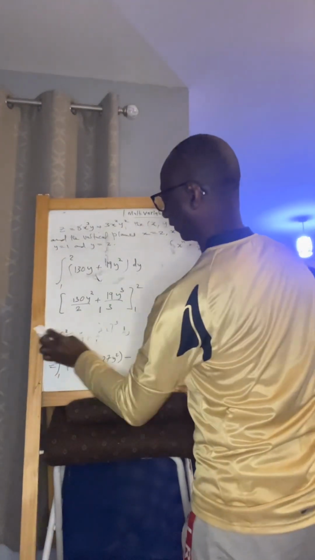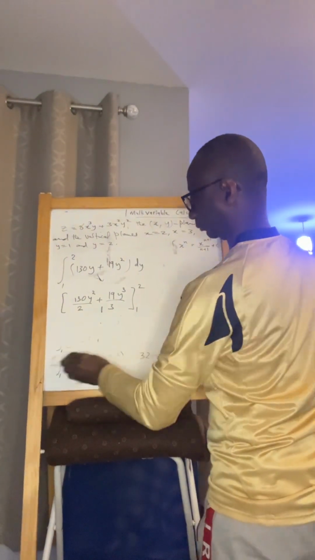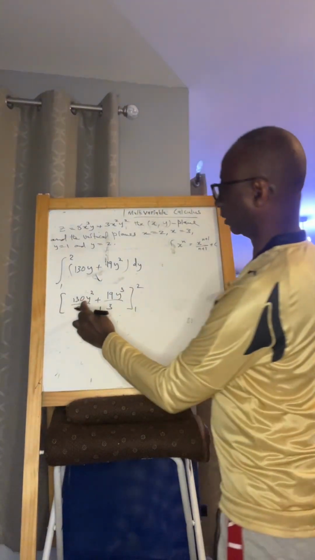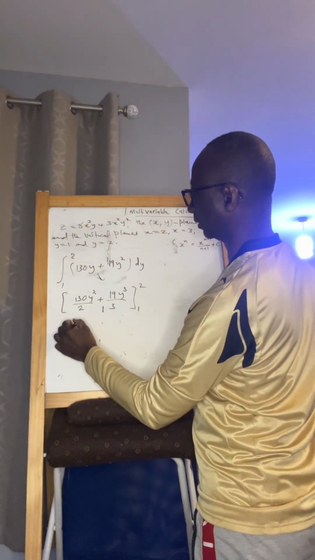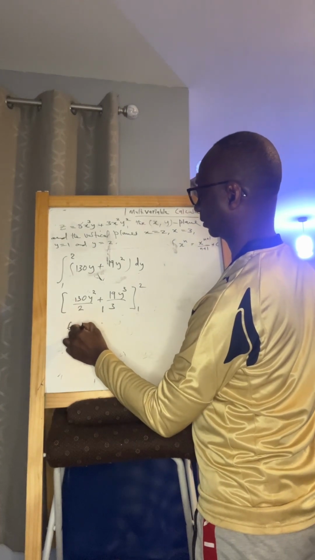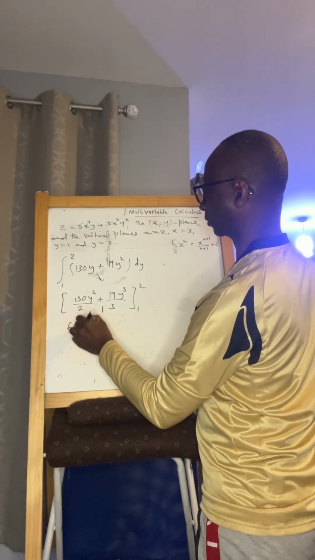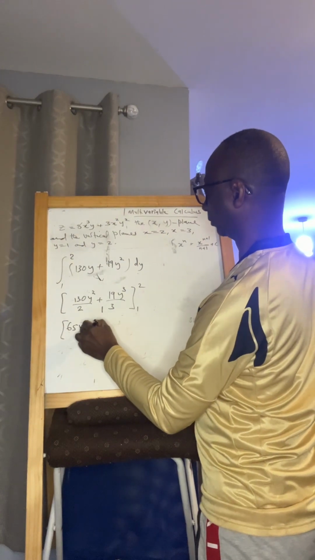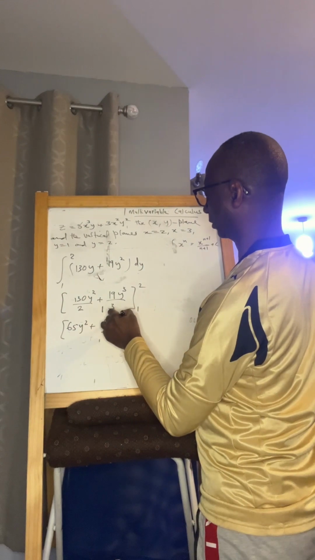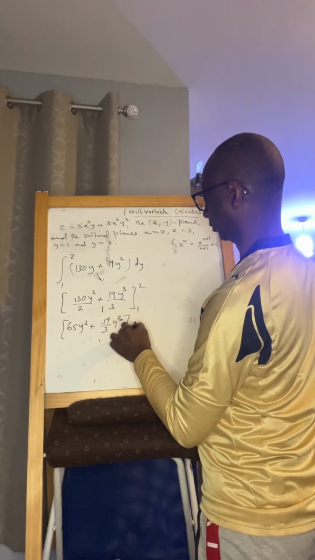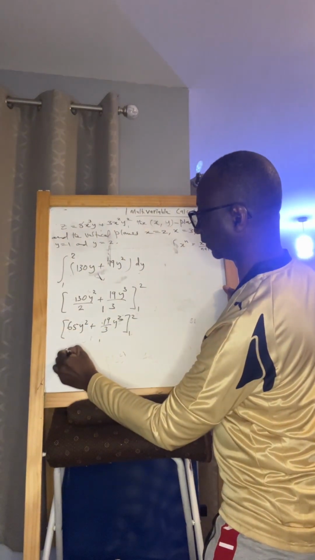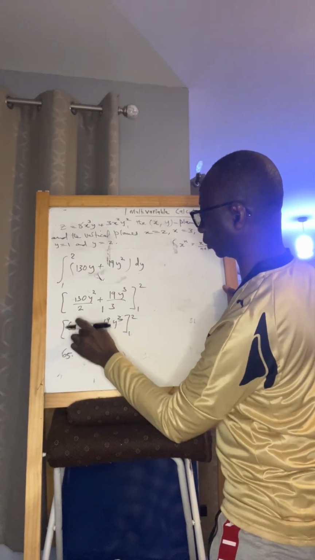So again, let's simplify. This is 130, 65 here, 65y squared plus 19, you can simplify this, y cubed, 1, 2. So when you put 2 here, you're getting 65 times 2 raised to the power of 2.